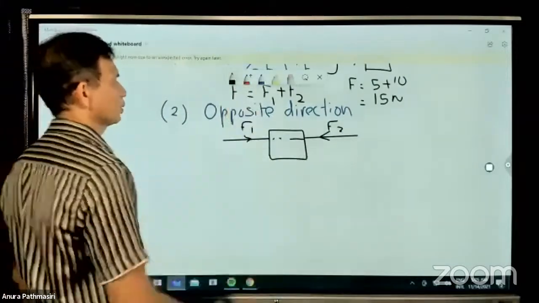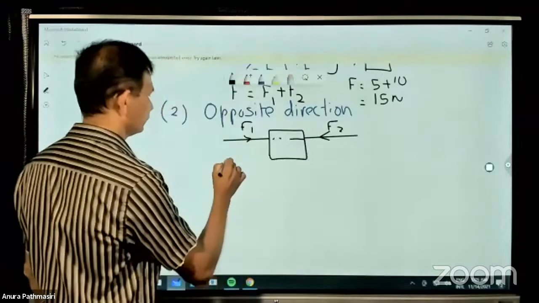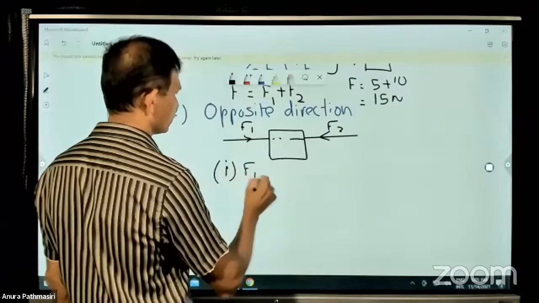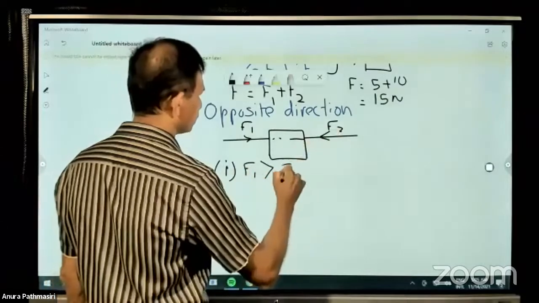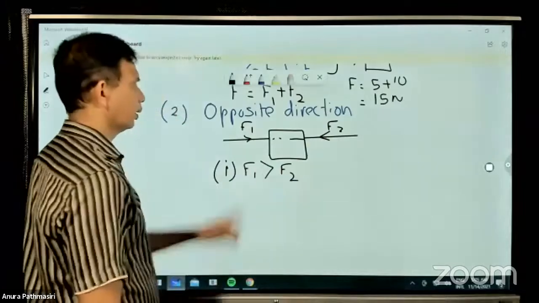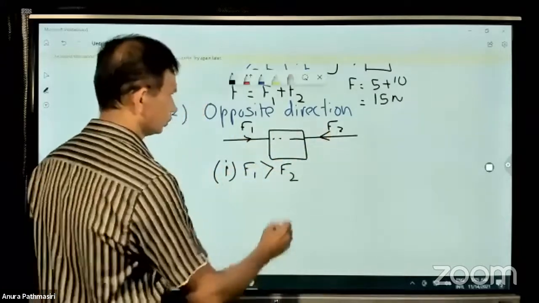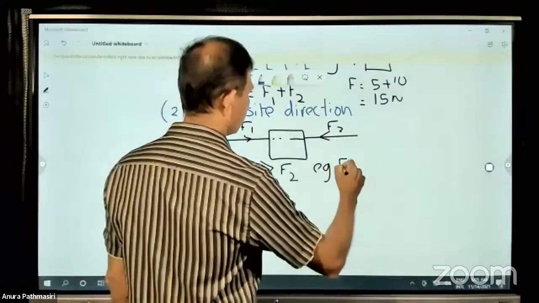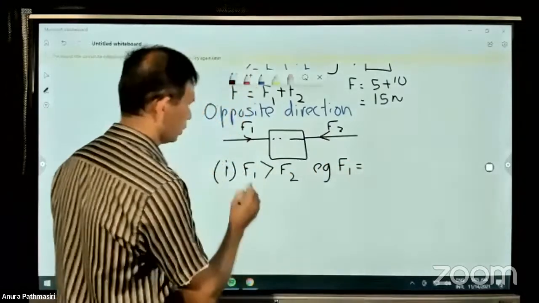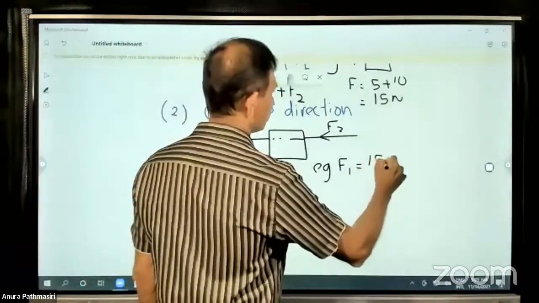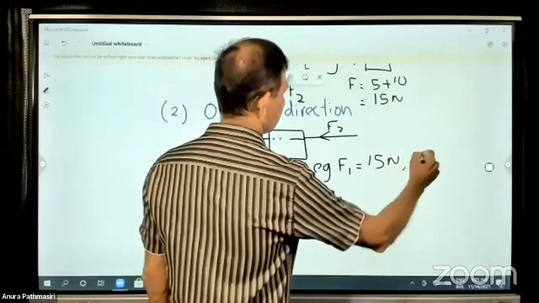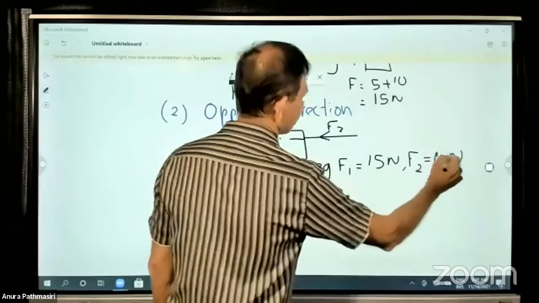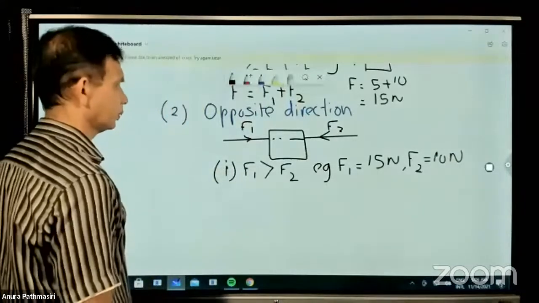Now you have two occasions. One, F1 is larger than F2. Example, F1 is 15 Newton, F2 is 10 Newton.